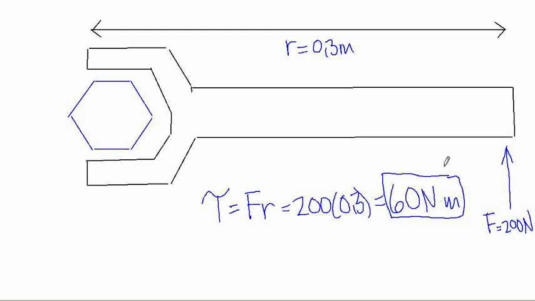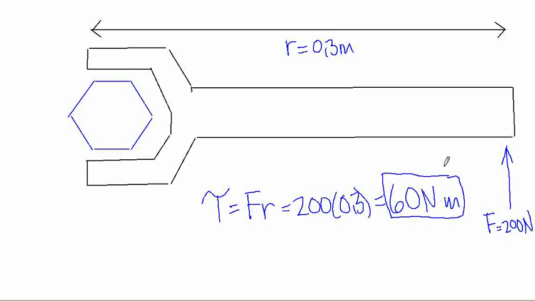Then if they pull on the far end of the cheater bar, it's essentially increasing the R value, and all of a sudden they can maybe loosen a bolt that they couldn't loosen before. You see how that works? And it's all because of this torque equation. All right?